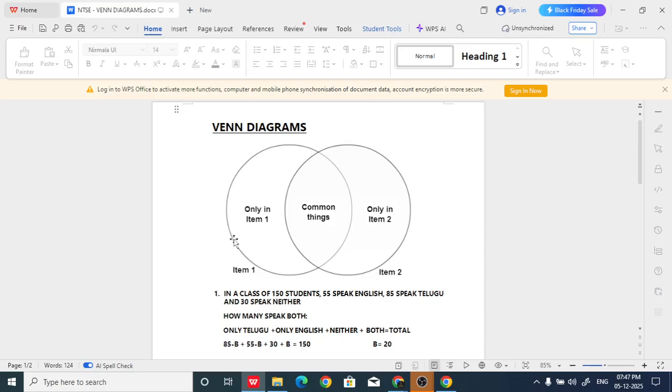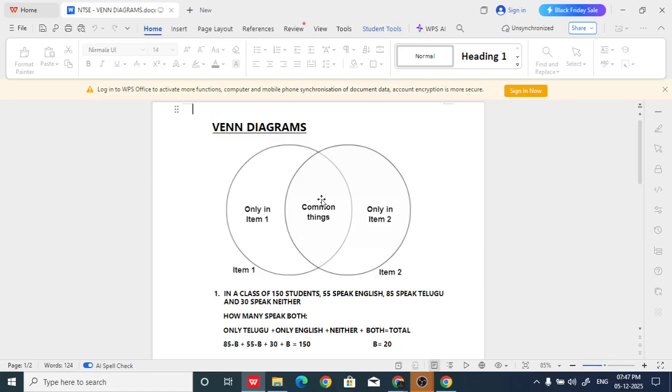People who speak English, item 1, is 55. People who speak Telugu, item 2, is 85. And people who speak neither is 30, the box outside the circles. They are asking how many speak both, that is the common part.